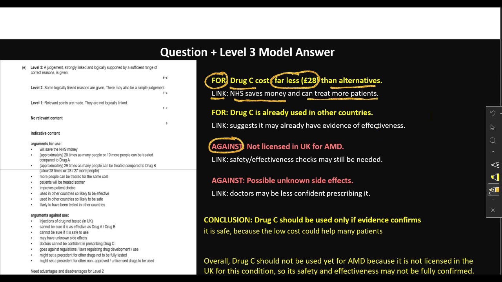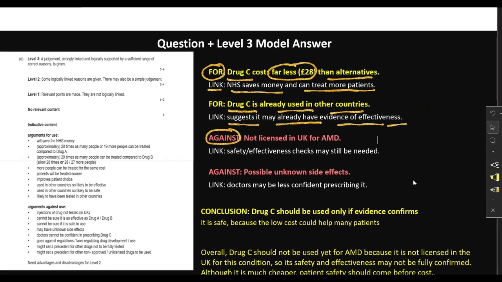That is the link to the point you made, meaning you're not just copying the information saying, oh, it is quite cheap. Why? How will this be helpful? That's the link. Now you said drug C is already used in other countries. That's again a positive point. So what is the purpose of saying it has been used in other countries? You will say it suggests it may already have evidence of its effectiveness in other countries. That's why it has been used, right?